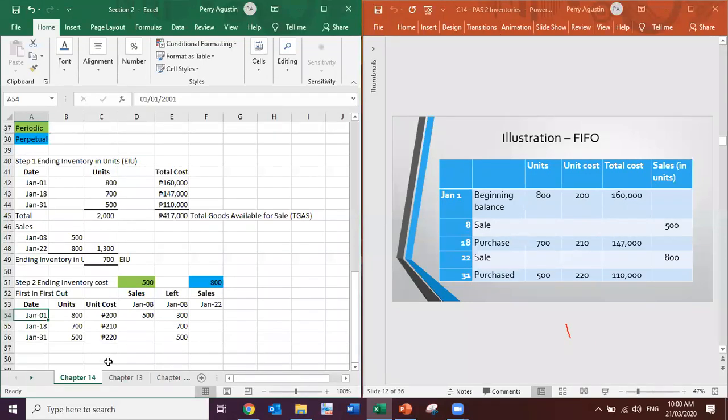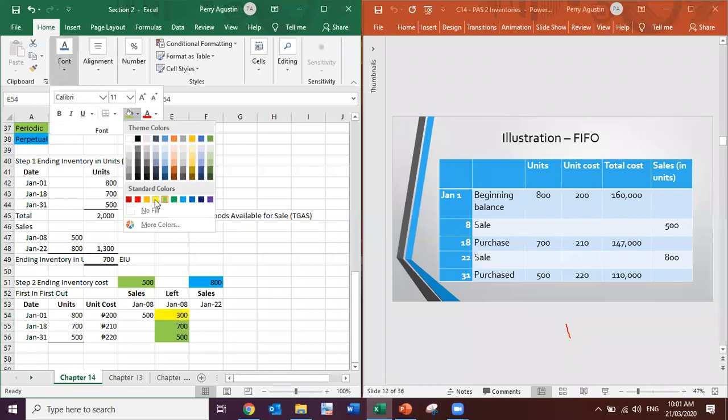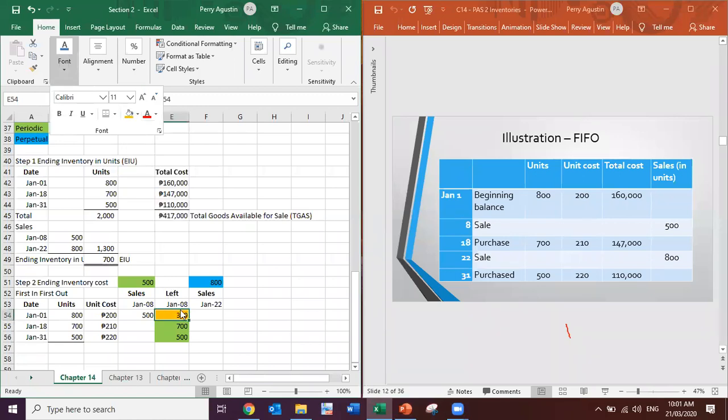All right. But the question is, ilan na lang ba ang natira from January 1? So ang natira na lang is 300. Tama ba? So that is the first item that must be applied first. Dapat yun muna yung una nating i-apply. Alright?